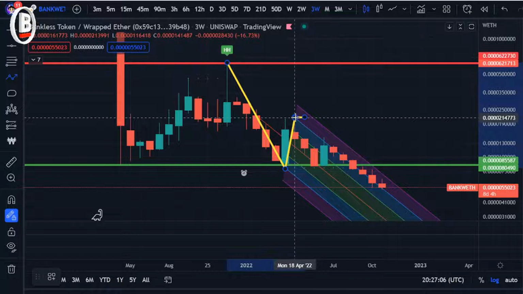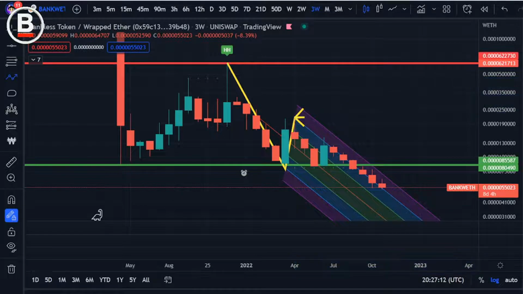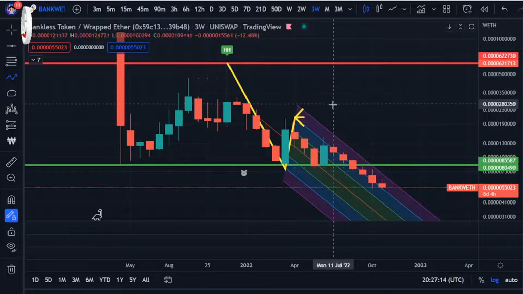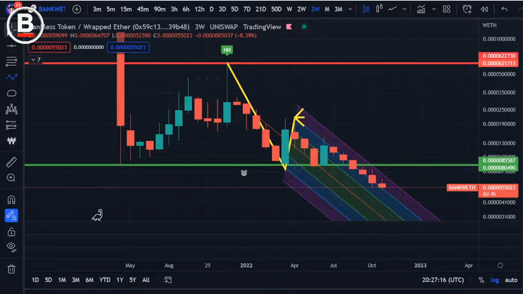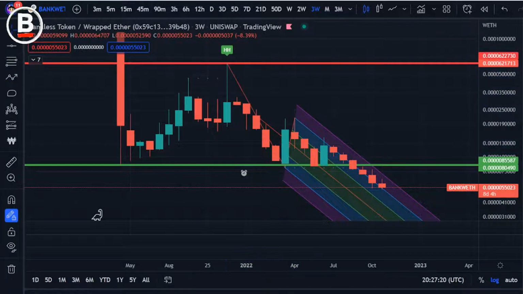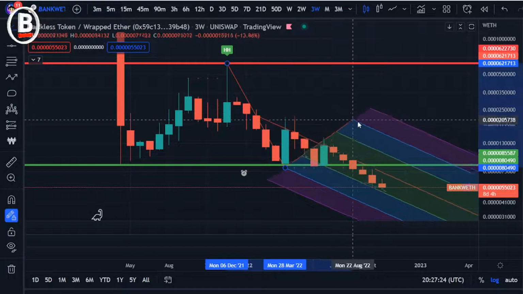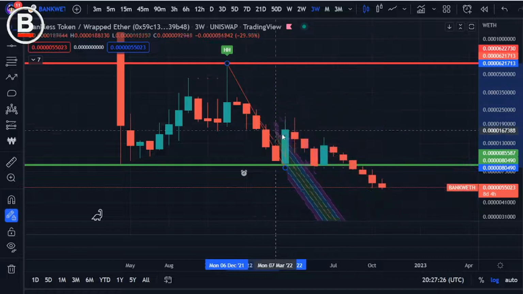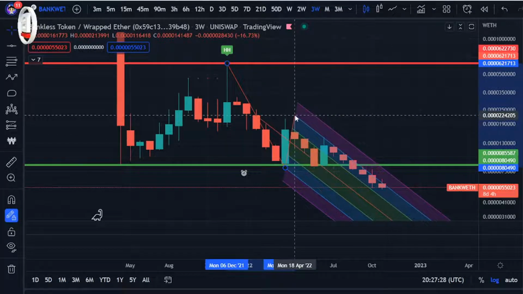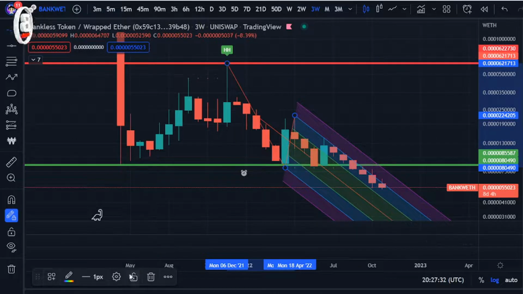So a lower high is the way that the pitchfork works. By pulling that high to this low, matching up to here, I'm able to identify some really interesting lines here.